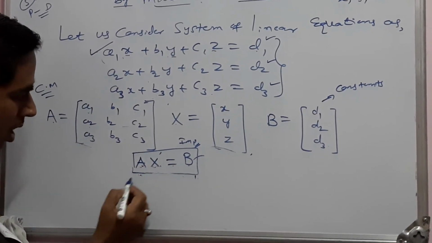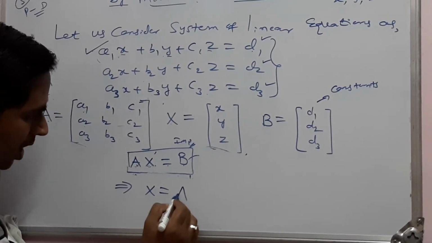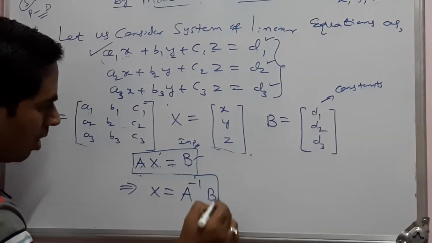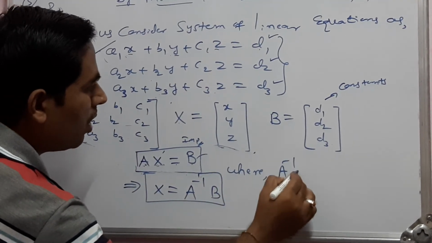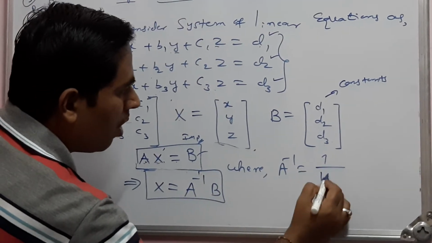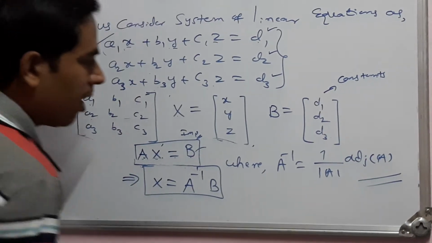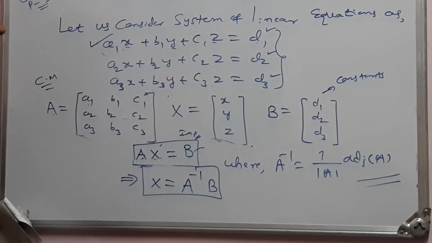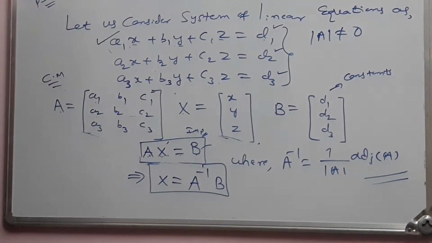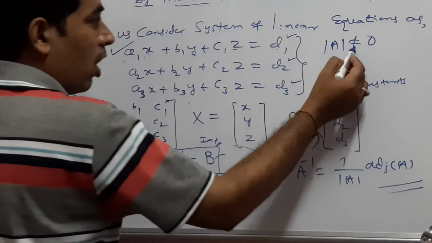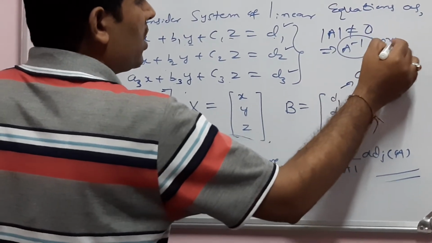AX is equal to B implies, if I solve for X, X is equal to A inverse B, where A inverse is 1 by determinant of A into adjoint of A. For all this to happen, as I told earlier, determinant of A should not be equal to 0, then only the inverse exists. This is a very important condition.